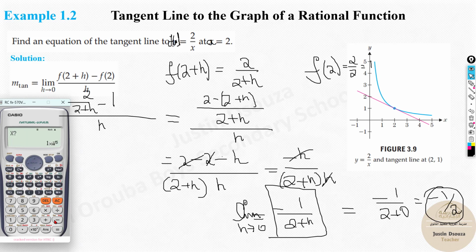Now, even if you take the other side, which we did in the last chapter, it'll be negative half. If you put many zeros, it will come as negative half. Otherwise, it will come as negative 0.49999, which is 0.5. Negative 0.5 is the same thing. Okay, it's negative half.